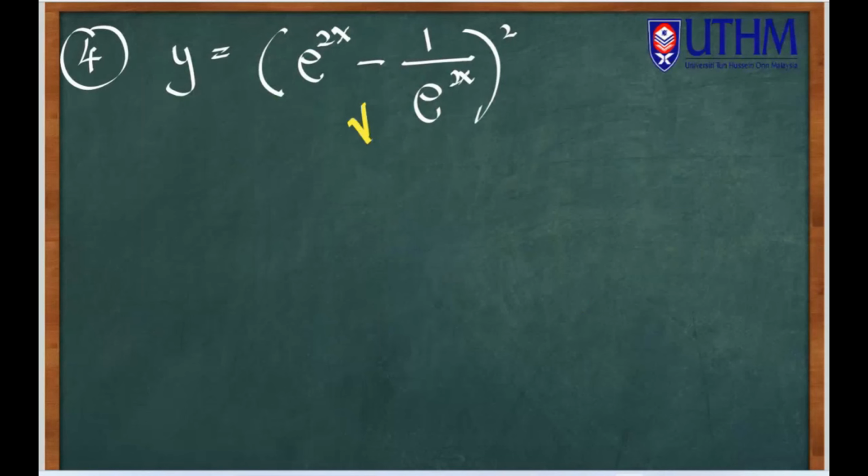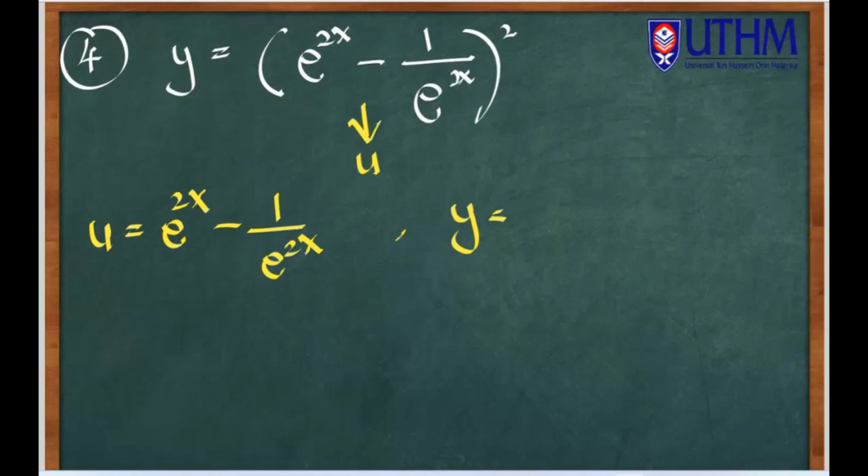So we assume the one inside the bracket as u. So now we have u equal to exponent 2x minus 1 over exponent 2x. Therefore y is equal to u squared. Now our u, we can rewrite as exponent 2x minus exponent negative 2x.